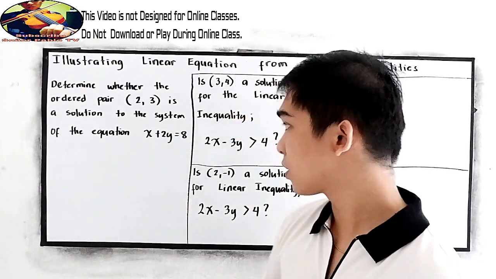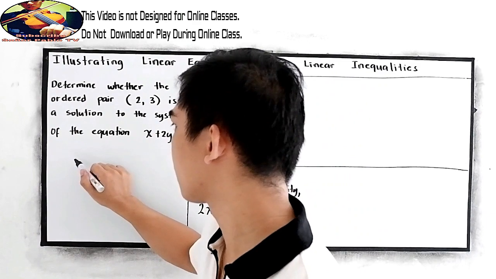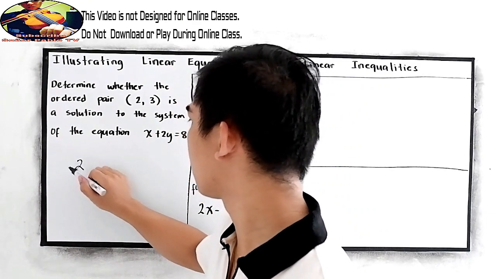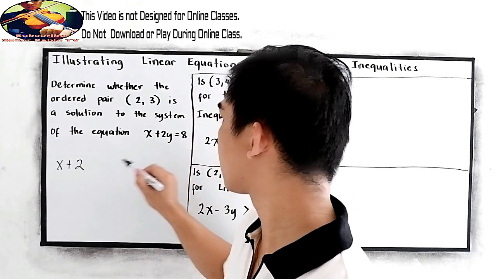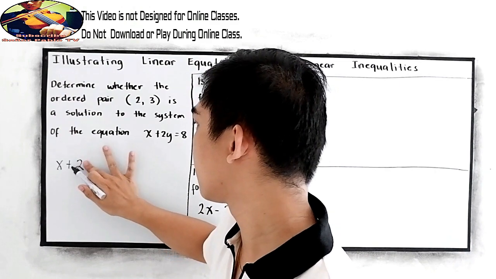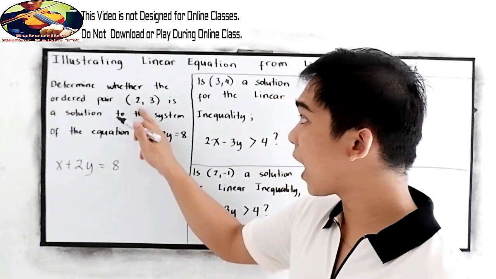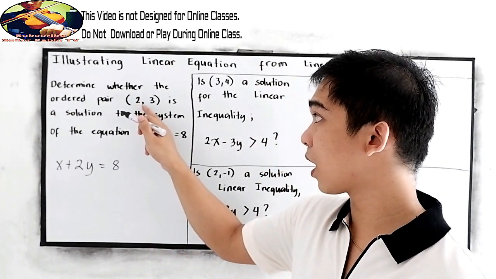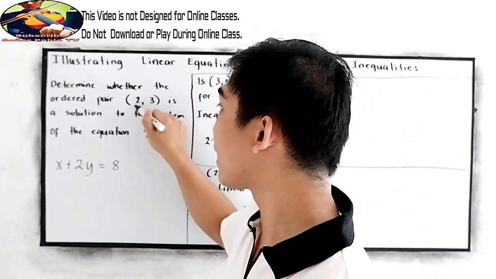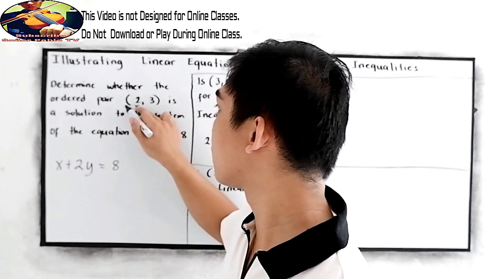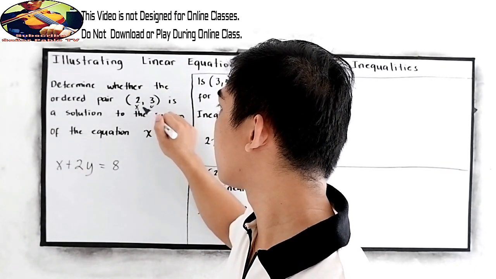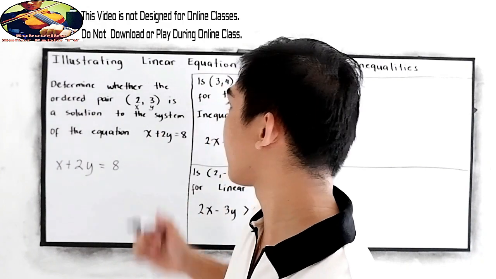All we need to do is to copy the equation x plus 2y is equal to 8. So we have the ordered pair 2, 3. This is our x and this is our y.